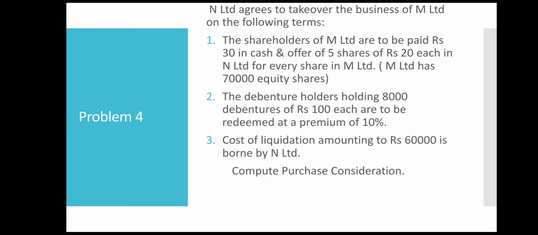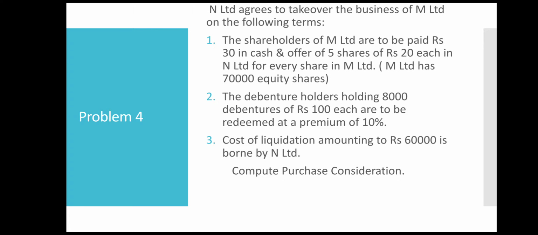M Limited has 70,000 equity shares. The debenture holders holding 8,000 debentures of rupees 100 each are to be redeemed at a premium of 10%. Cost of liquidation amounting to rupees 60,000 is borne by N Limited. Compute purchase consideration.